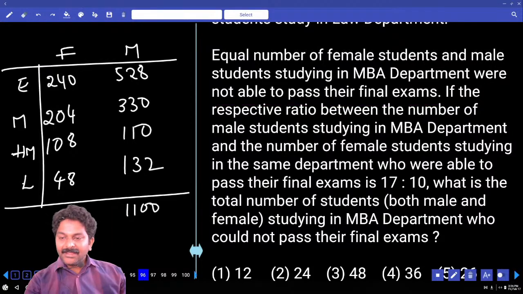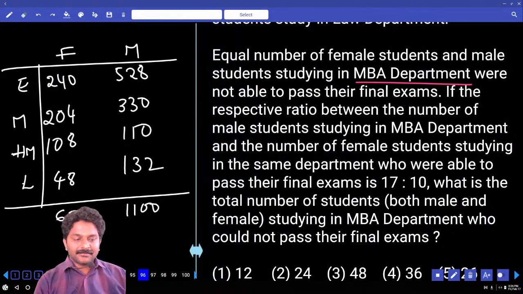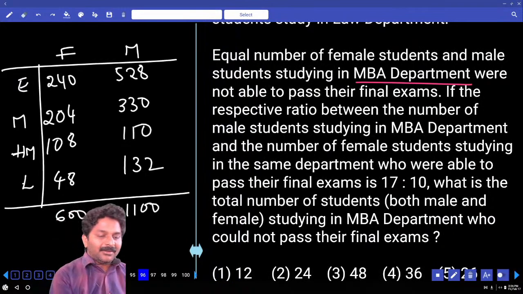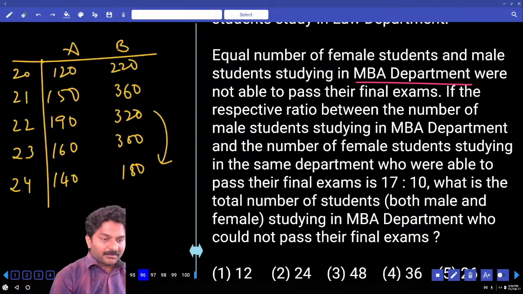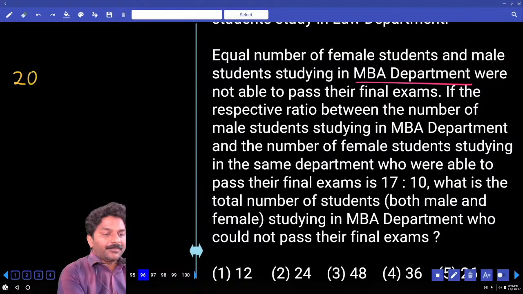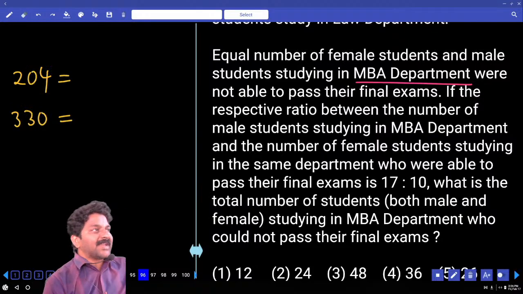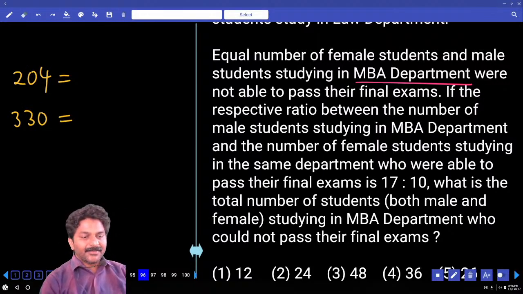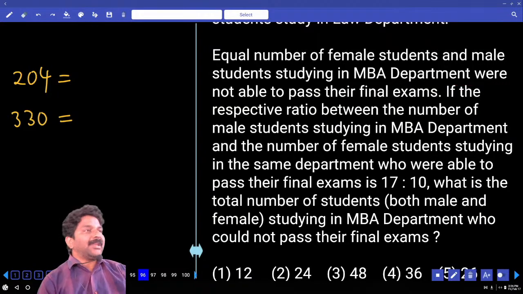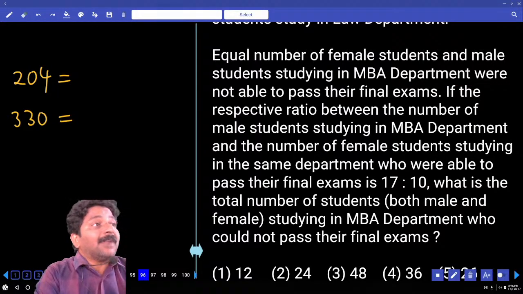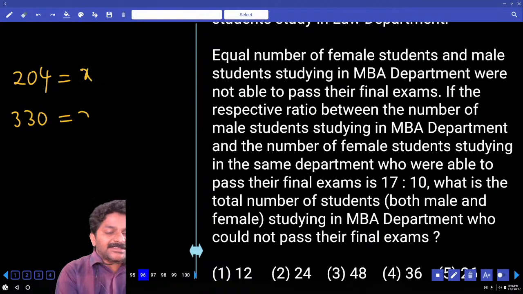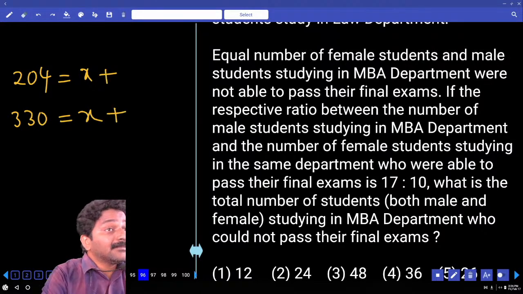Look, MBA department, male and female, 204 and then 330, correct? In 204, you will have passed candidates and failed candidates. It is said that both male and female, an equal number of people did not pass. I am treating that as X, plus the passed candidates.